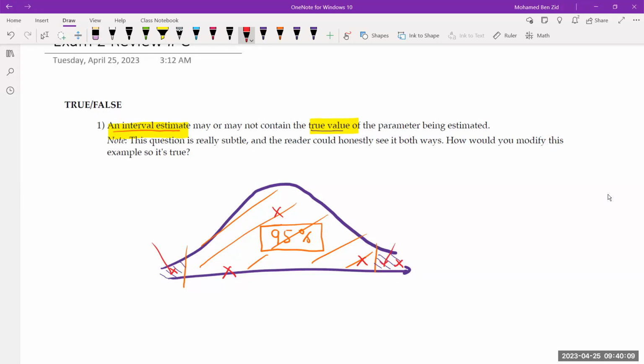So the answer is true. Why? Because 5% will not fall within the interval estimate, and 95% of the data will fall within the interval estimate. I hope that explained it.